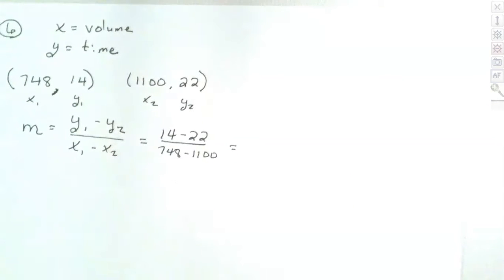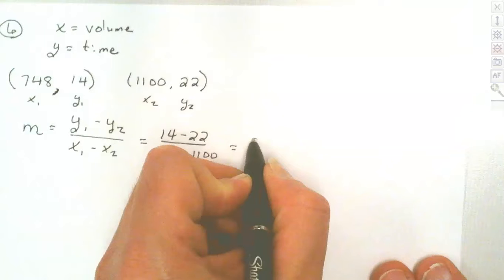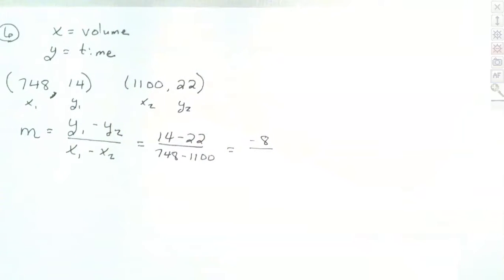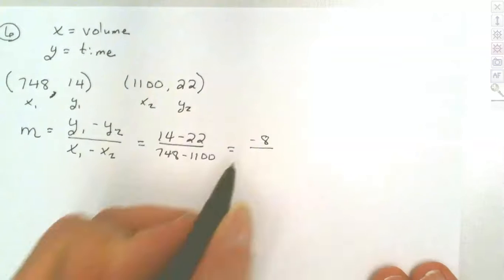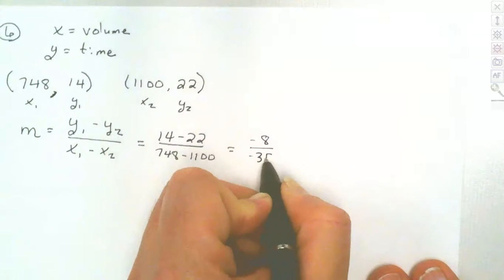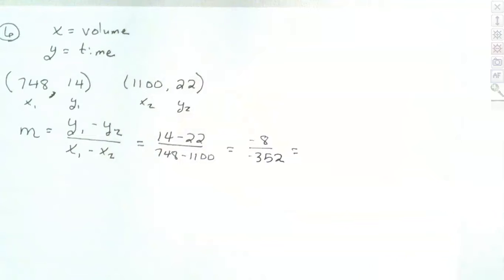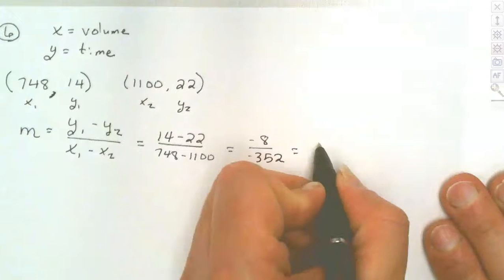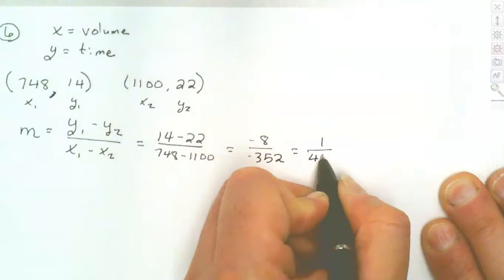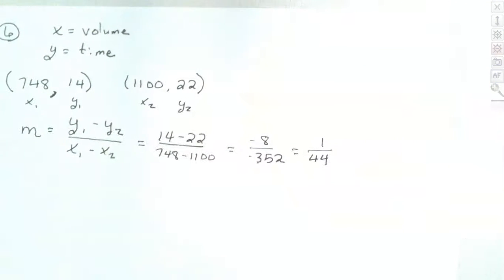Should be a positive value because the larger the container is, the more time it's going to take for that flame to go out. So the numerator is a minus 8. Denominator is a minus 352. And I think that 352, I think it's divisible by 8. And it is. Negative and negative makes it a positive 1 over 44. So we just reduced it down to a positive 1 over 44.